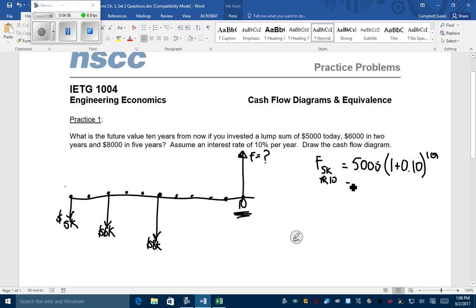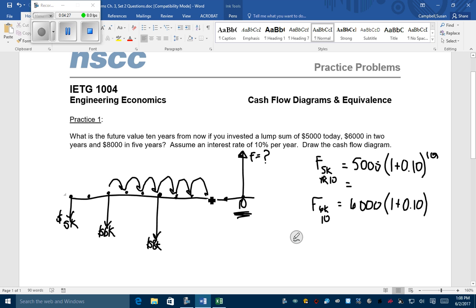Okay, and that's going to add up to a certain value. The future value of the $6,000 in year 10 is going to be $6,000 multiplied by 1 plus 0.1, and that's going to be to the 1, 2, 3, 4, 5, 6, 7, 8 years.